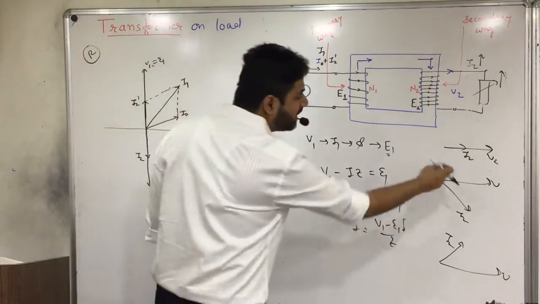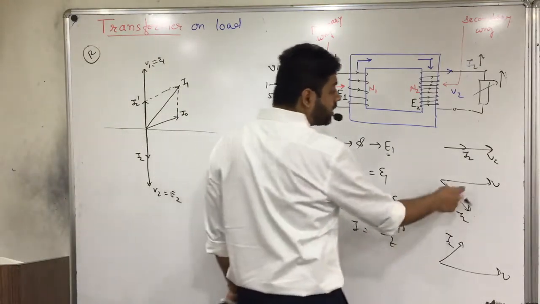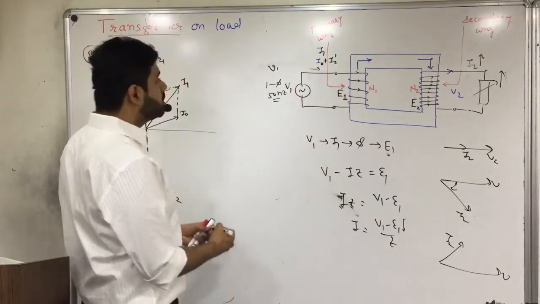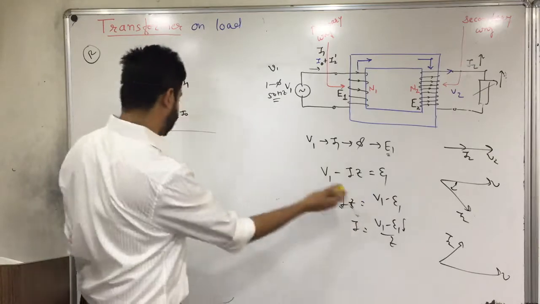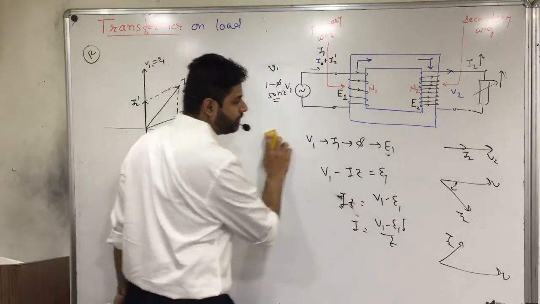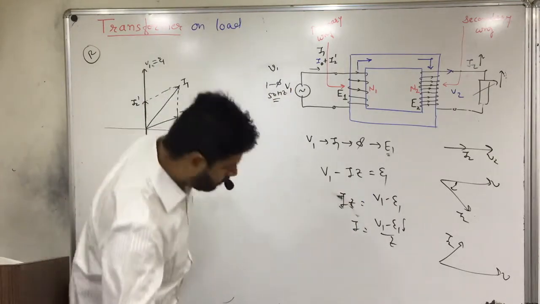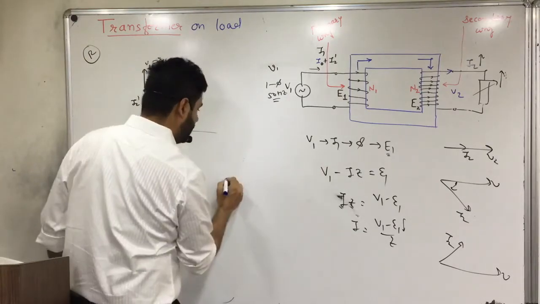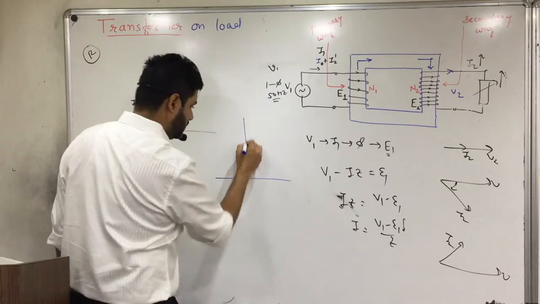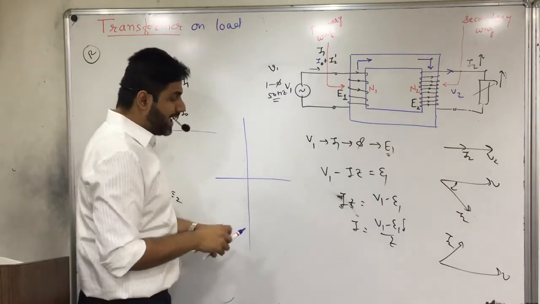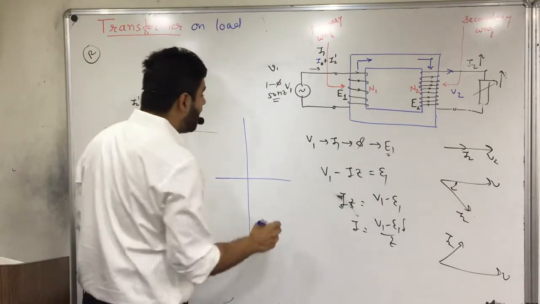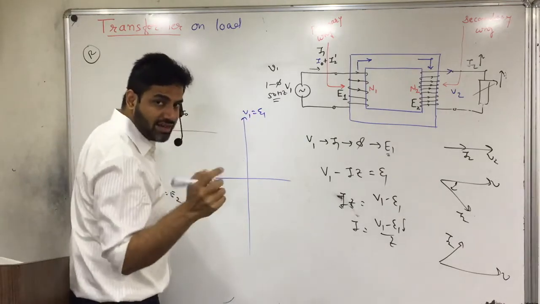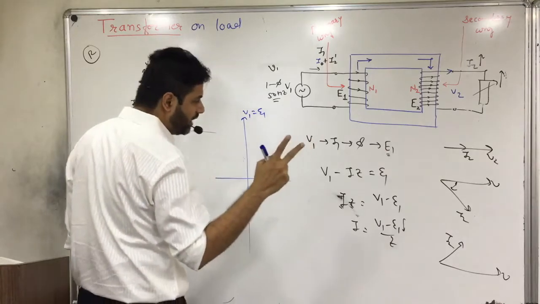If my load is inductive, what will happen? The current is lagging behind the voltage. I'll draw it here. Okay. So I have again V1, which is equal to E1, because we don't have a resistor and we don't have an inductor.